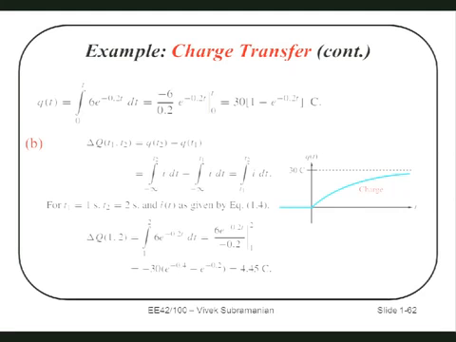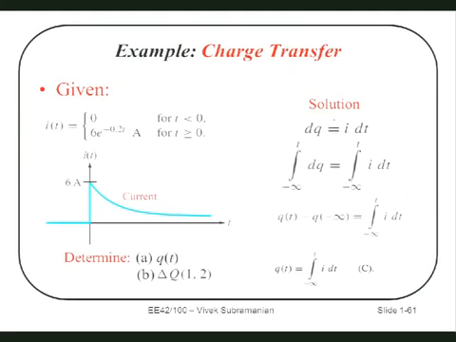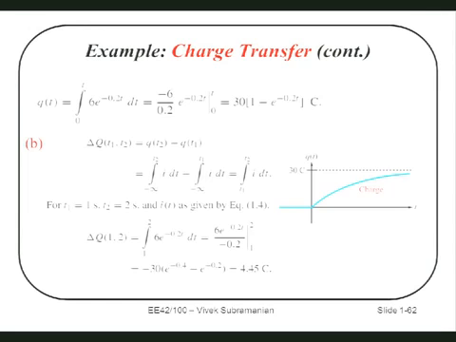The second part of the problem is to find a specific change in charge. In other words, I want to know the change in the total amount of charge, not the instantaneous charge, between two points, time point 1 and time point 2. So I want to find delta Q between time point 1 and time point 2.